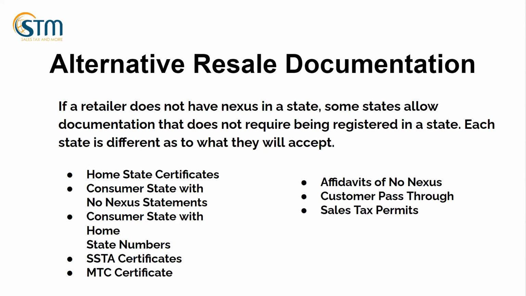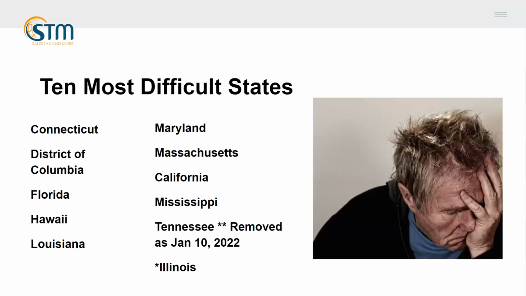Some states allow a consumer state. That's the same as a delivery state with no nexus statements. Consumer state or delivery state with a home state number. Streamlined sales tax certificates, MTC certificates, affidavits of no nexus, customer pass-through, and then sales tax permits. Most states don't allow that, but less than a handful do.